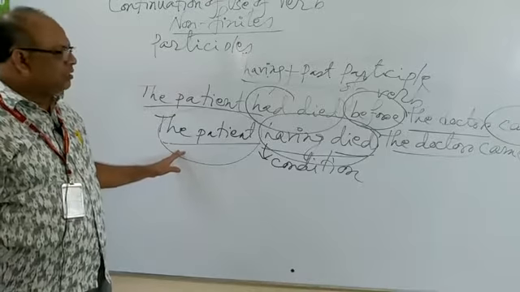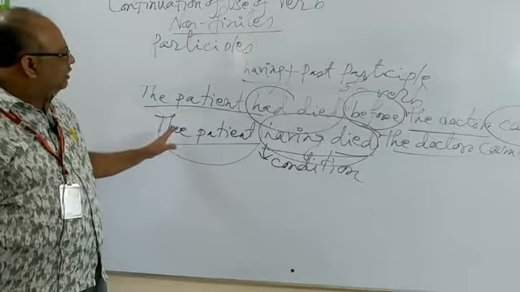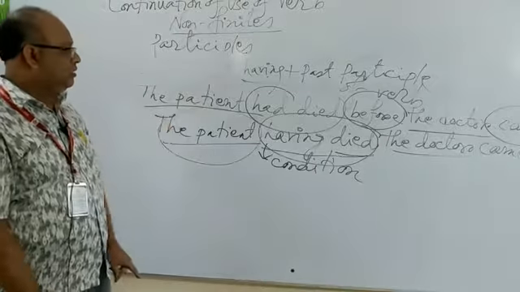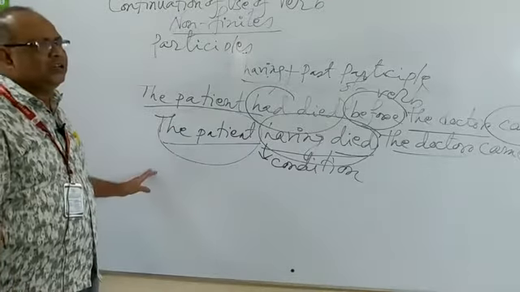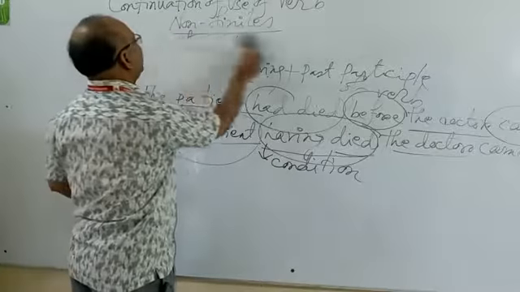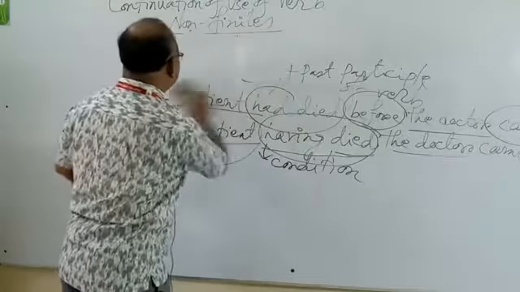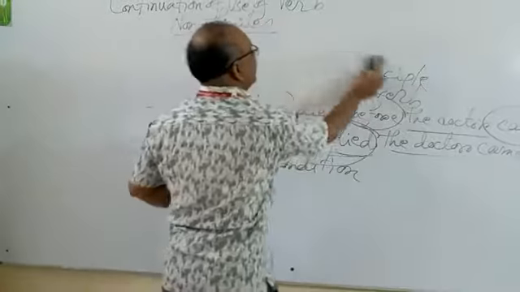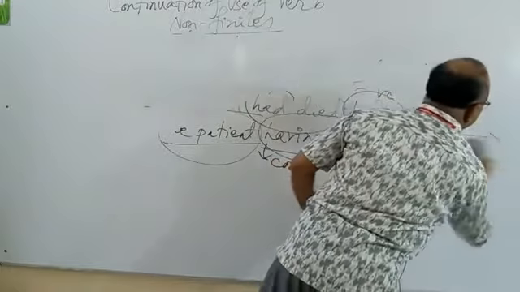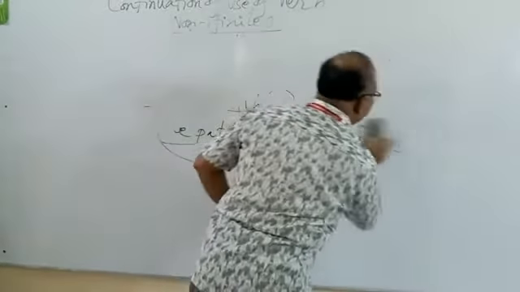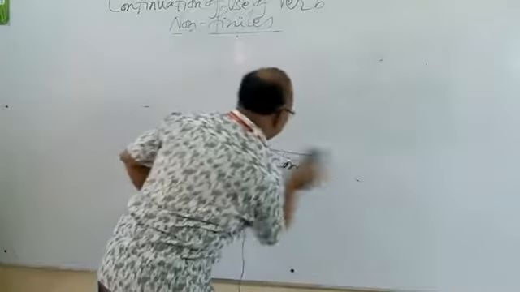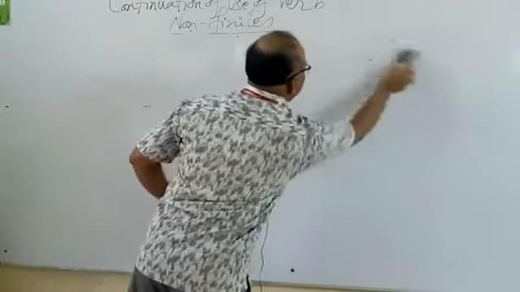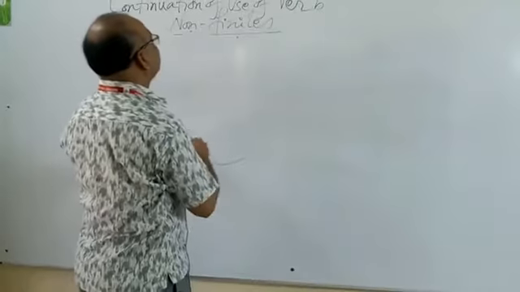Then there is another non-finite left, that is very easy, that is the gerund. The third kind of non-finite is the gerund. It is very simple, not very difficult.